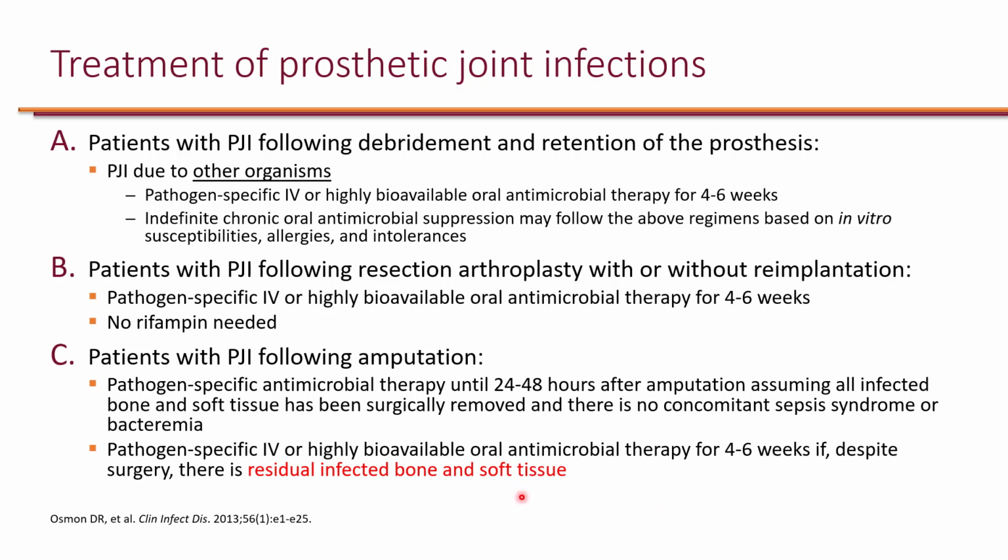So whatever tissue they remove surgically, from the margins, they would take a sample and culture to see if the margin around the area after amputation is infected or not. So antibiotics can be discontinued after 48 hours if nothing is growing. If something does grow on the margins, then antimicrobial therapy based on the culture results is needed for 4 to 6 weeks.